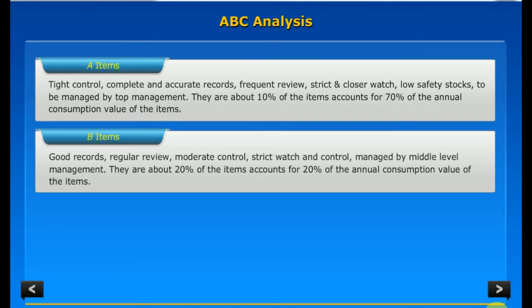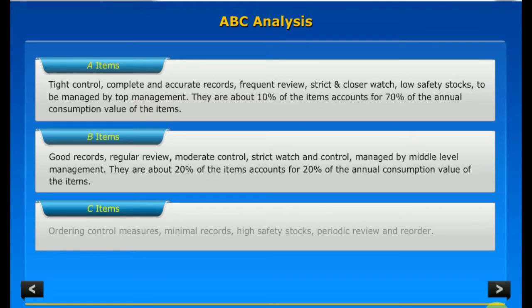B items: good records, regular review, moderate control, strict watch and control, managed by middle-level management. They are about 20% of the items and account for 20% of the annual consumption value of the items. C items: ordering control measures, minimal records, high safety stocks, periodic review and reorder.